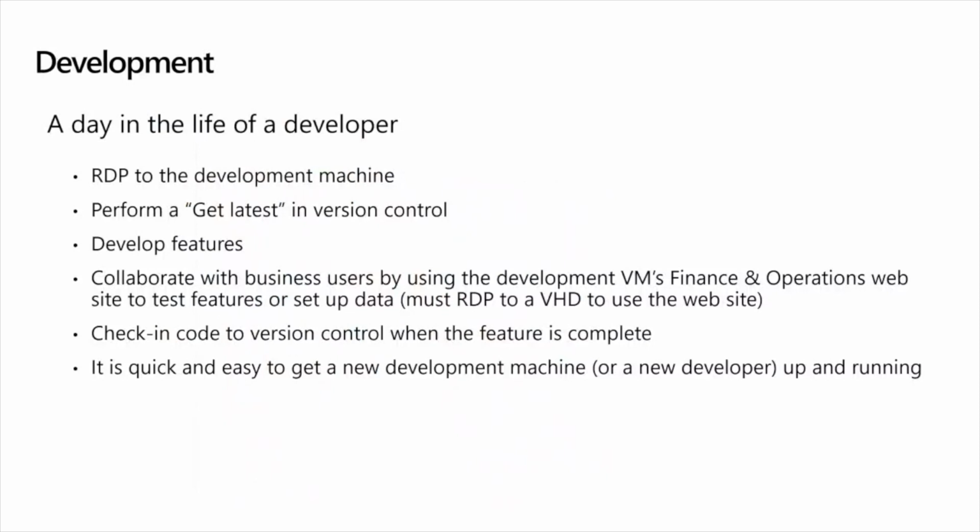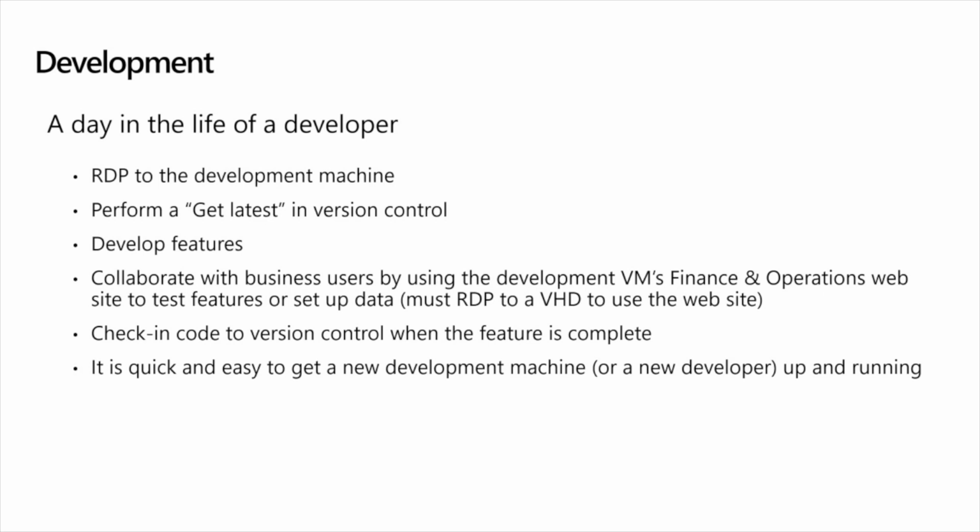The day in the life of a developer is something like this. They RDP to the development machine. They perform a get latest on version control, which copies all the code from version control down to that development machine, whether it's a new development machine or they're just picking up the changes from the other developers since the last time they did it.